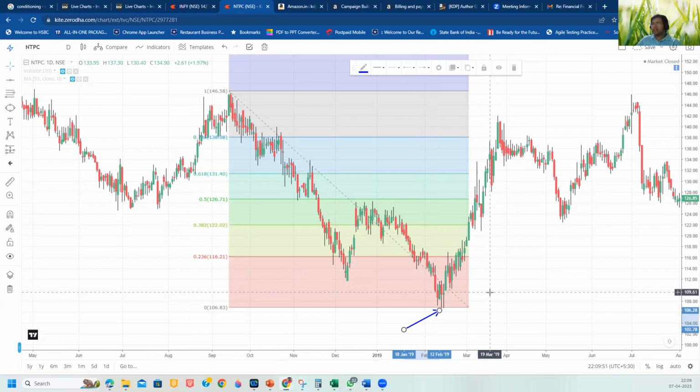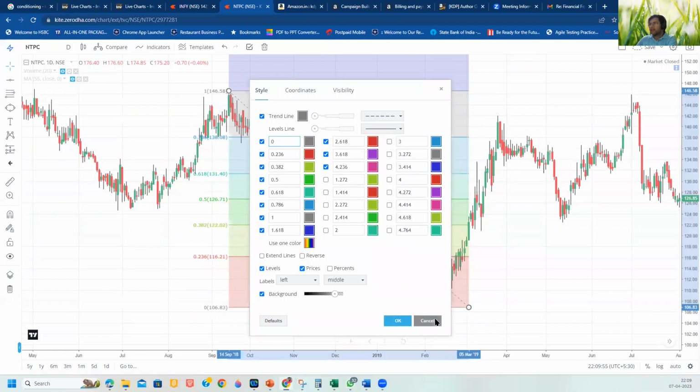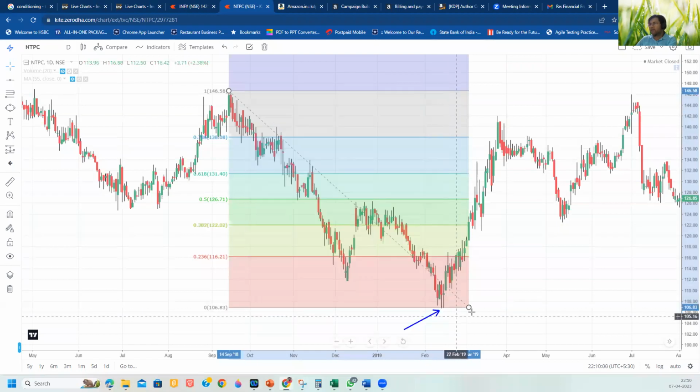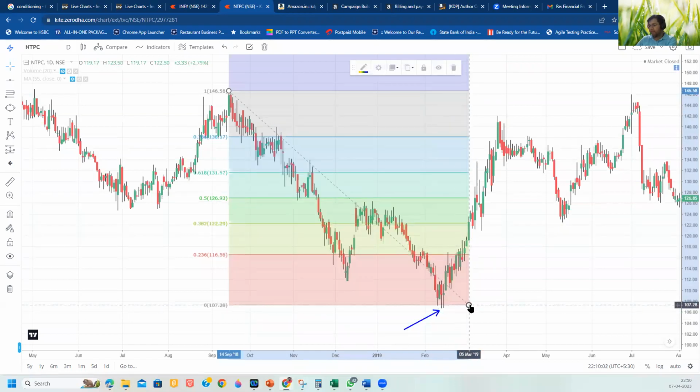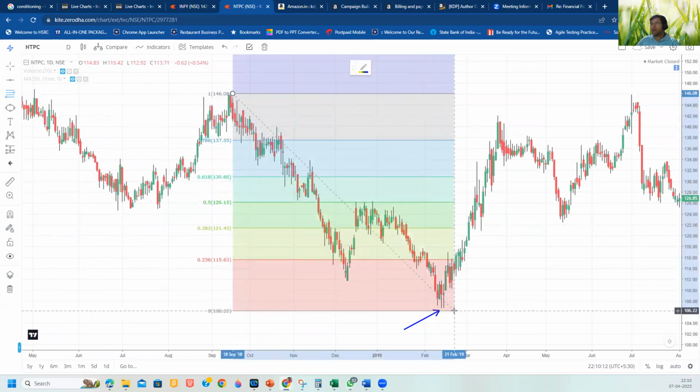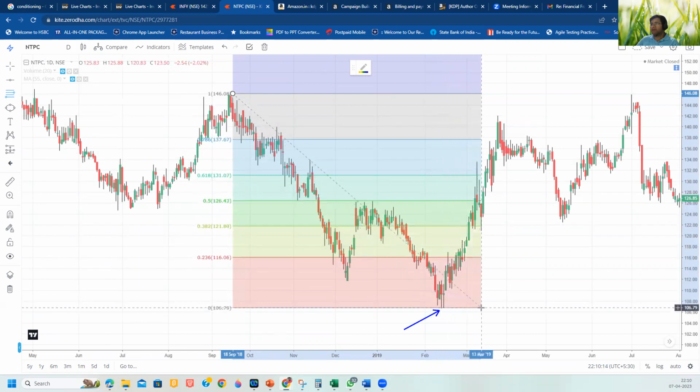In that case, you can plot your fib tool. I'm just going to show it once again, how to plot it. We select this tool, go to this toolbar, select the fib retracement, make the first click at the top here, and the second click at the bottom from where the price started moving up.